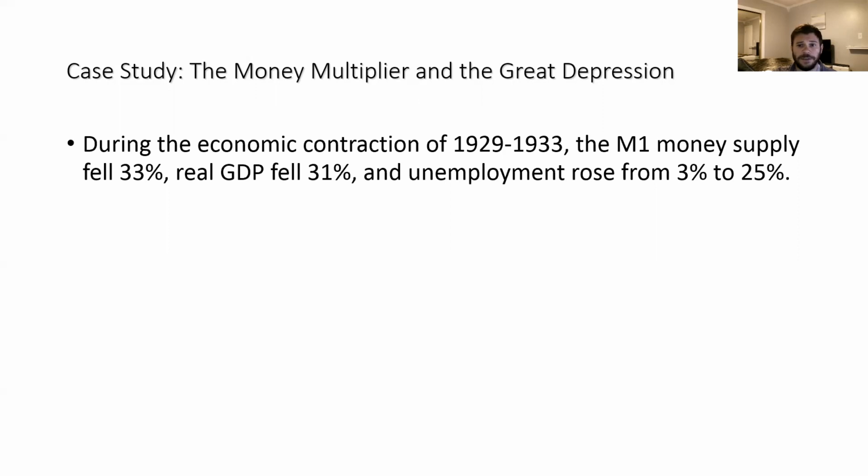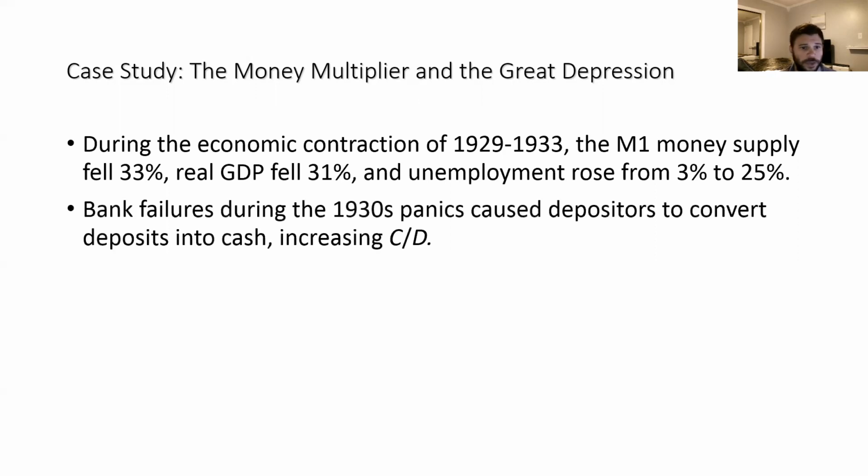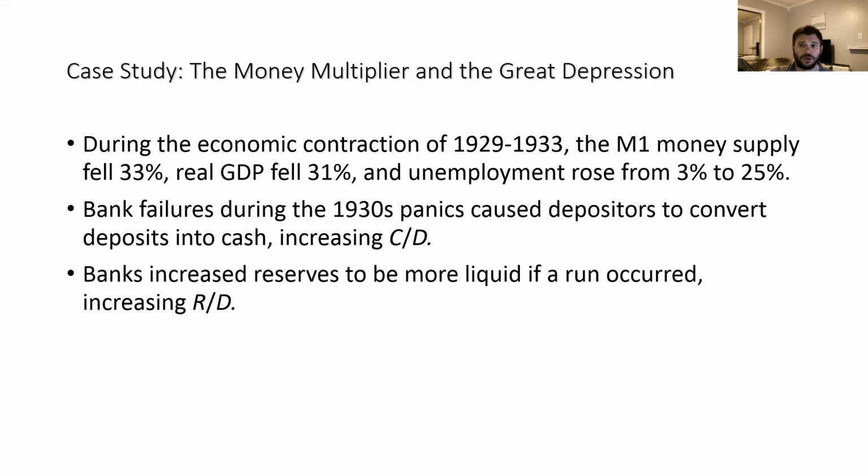What made things worse, in addition to the stock market crashing, is that the banks also went through a liquidity crisis because people were not confident in financial institutions. Individuals didn't want to hold as many deposits, so they started hoarding cash. The banks, worried that everyone was going to come and get their deposits out, increased their reserves.